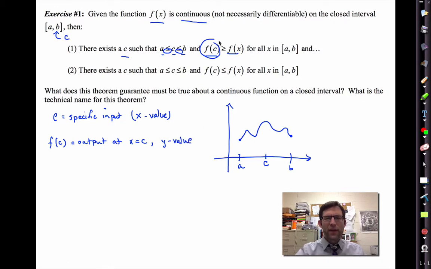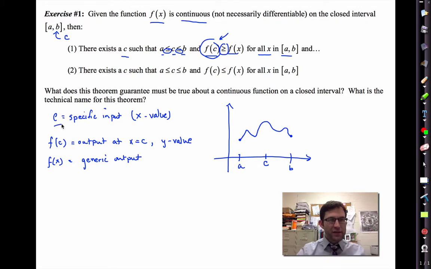What do we know about that? That y value is greater than or equal to, well, what's f of x? This is a generic y value, a generic output. It's f of x, where we don't specify x, for all x in a and b.